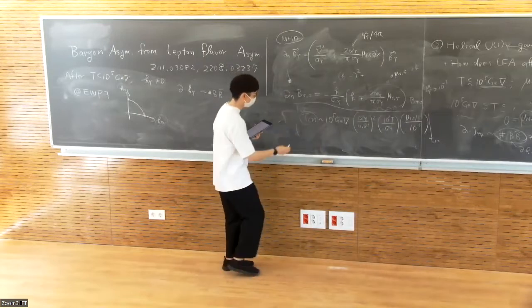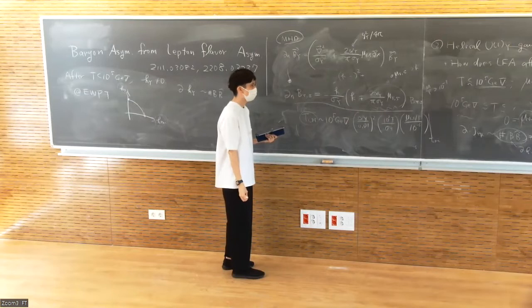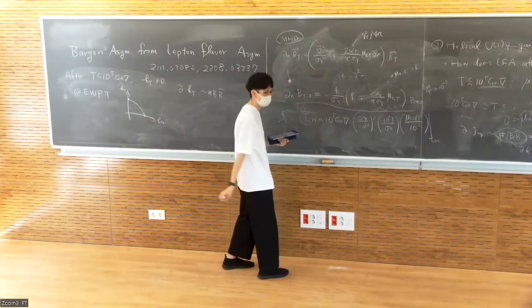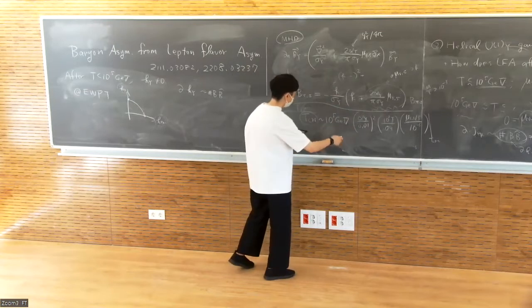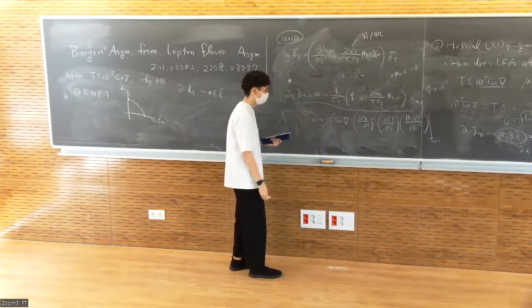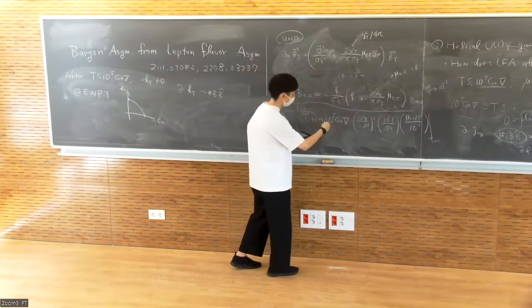When the instability occurs: the production of gauge field from the non-vanishing mu5. So for given mu5, we can estimate when this happens, and the temperature is estimated in this way.